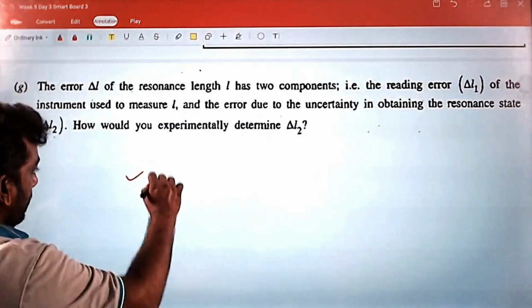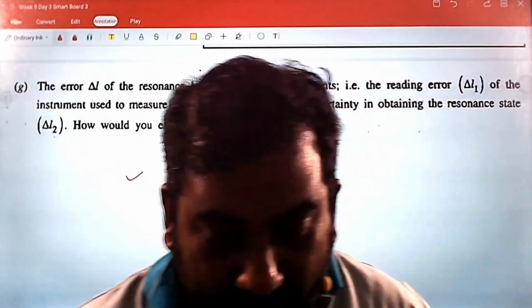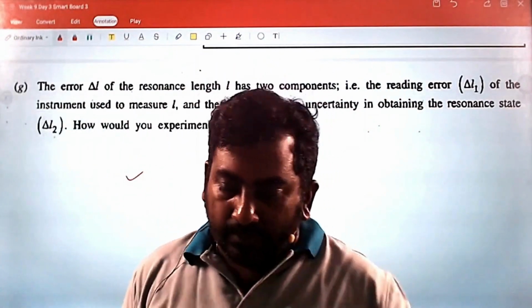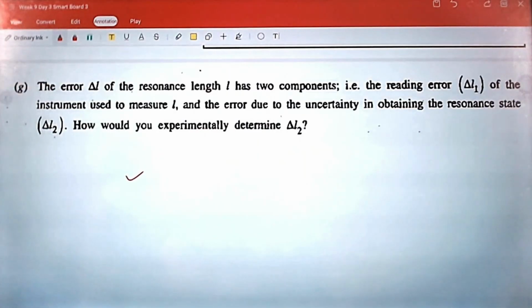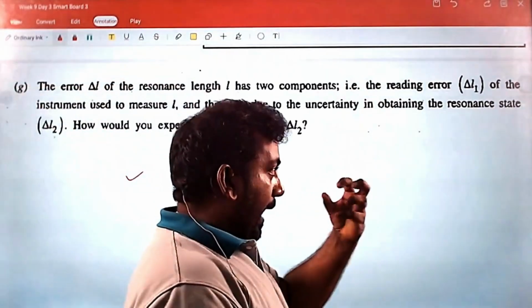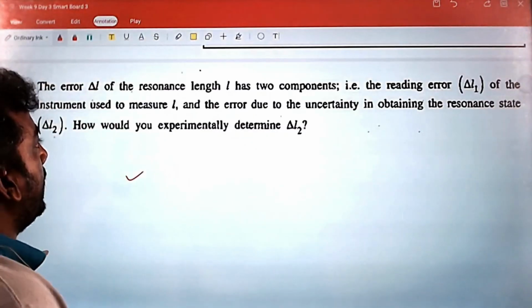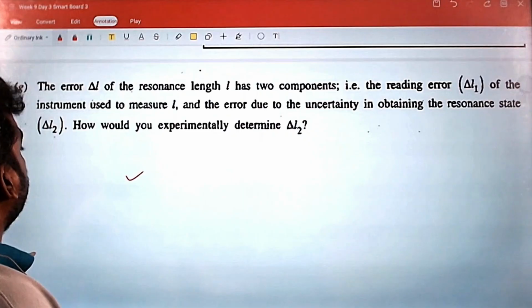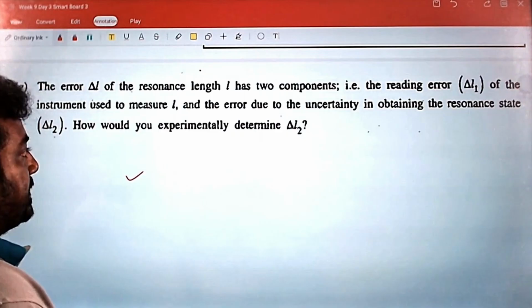For the same frequency, repeat the experiment at least 3 times and obtain the average resonance length.